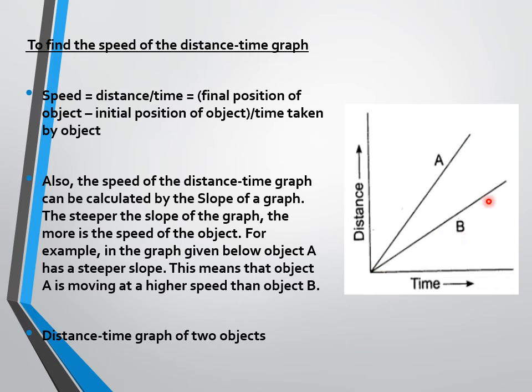A is steeper than B. In this graph we can see that the steeper the slope of the graph, the more is the speed of the object. So we can say object A is moving at a higher speed than object B. This is the distance time graph of two different objects.